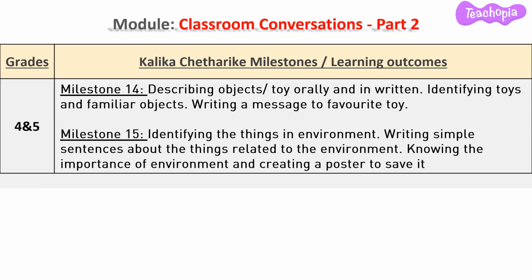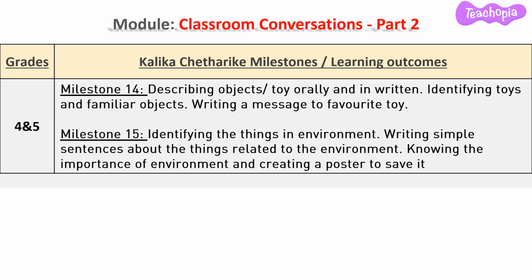So what are the learning outcomes and milestones for the upcoming month? For grade 4 and 5, we have milestone 14 and milestone 15. Milestone 14 is describing objects, toys orally and in written form, identifying toys and familiar objects, writing a message to our favorite toy.